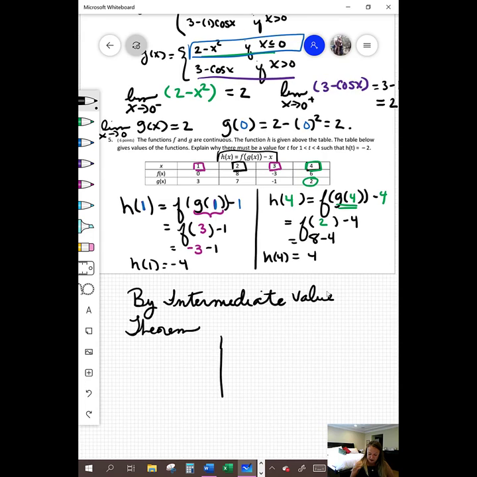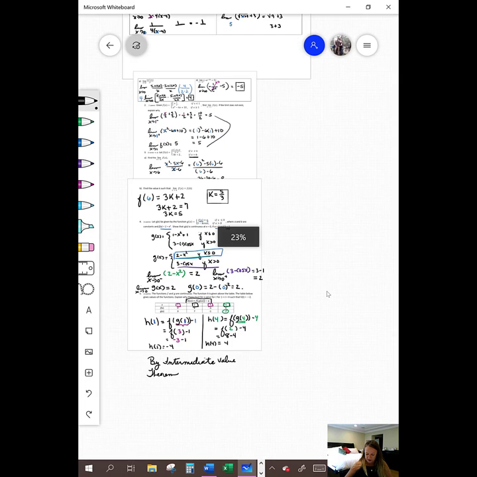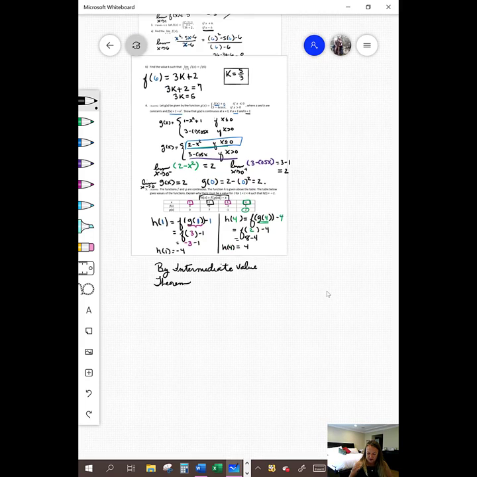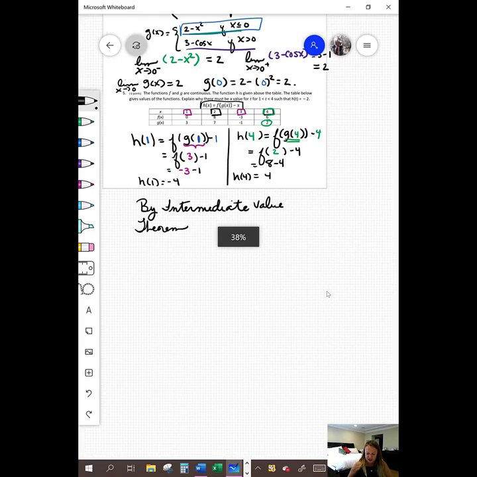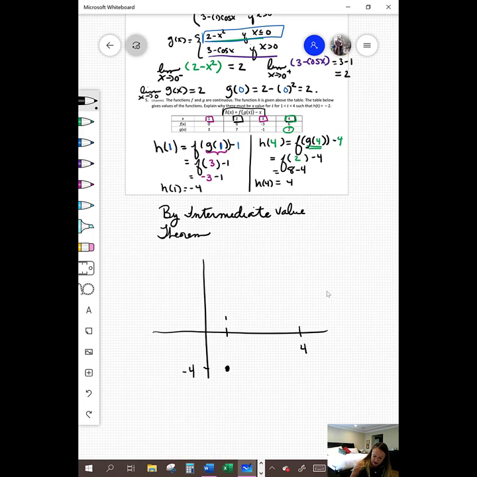So technically, we found that if I was to graph this function, when x was 1, h of 1 was negative 4. And at 4, h of 4 was positive 4.